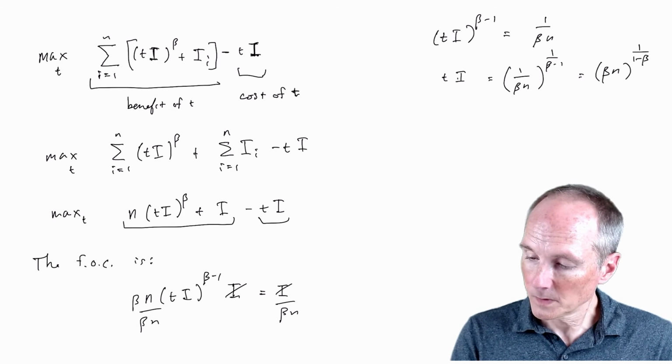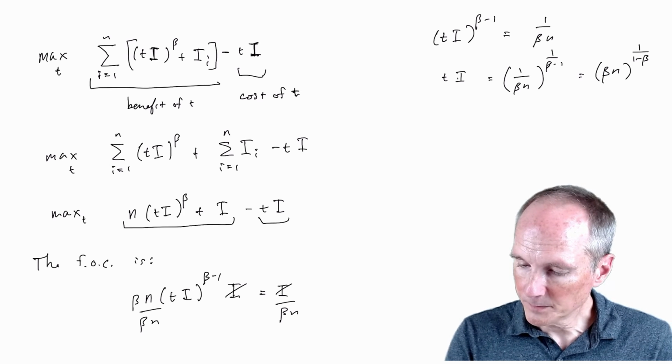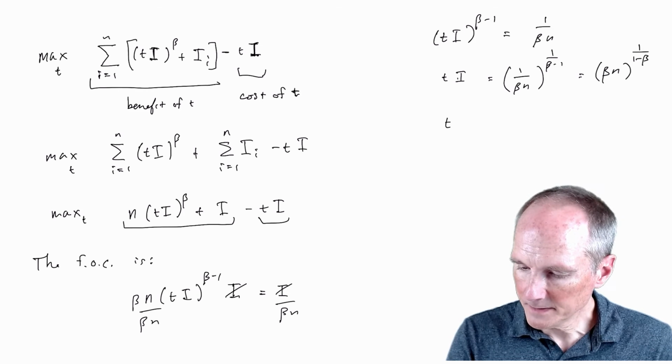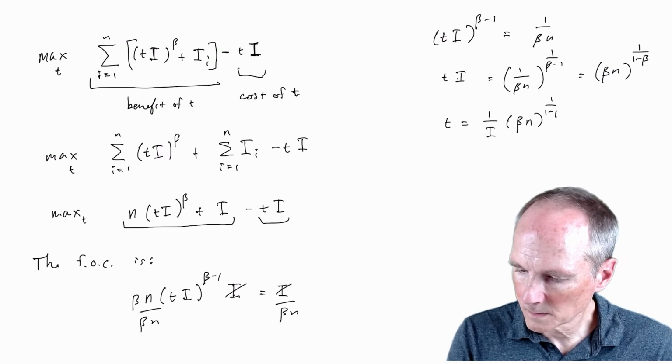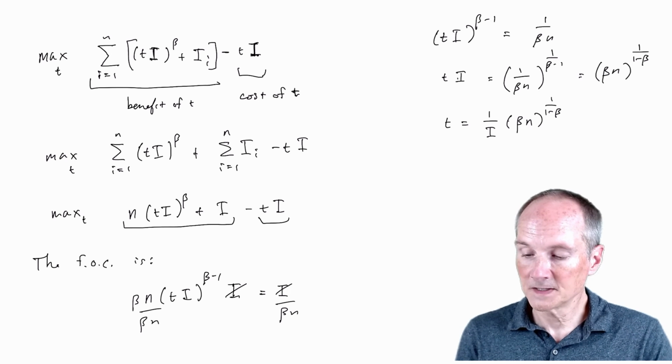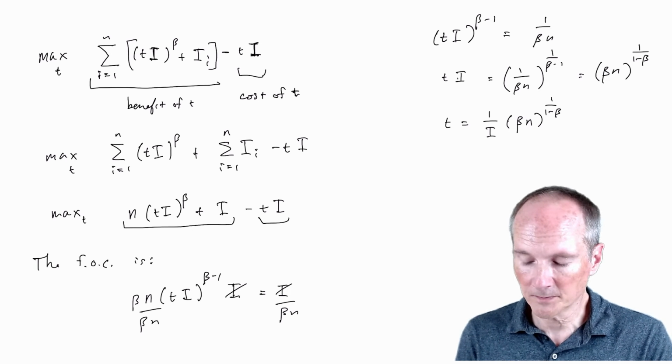So solving this, we just divide both sides by I, the total income, and we get this expression. This is the unique solution to the first order condition.